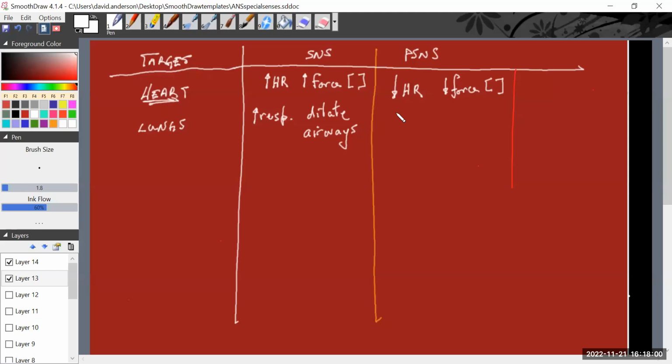And again, parasympathetics are going to decrease respiration rates and decrease airway diameter. And we create autonomic tone this way in the lungs.